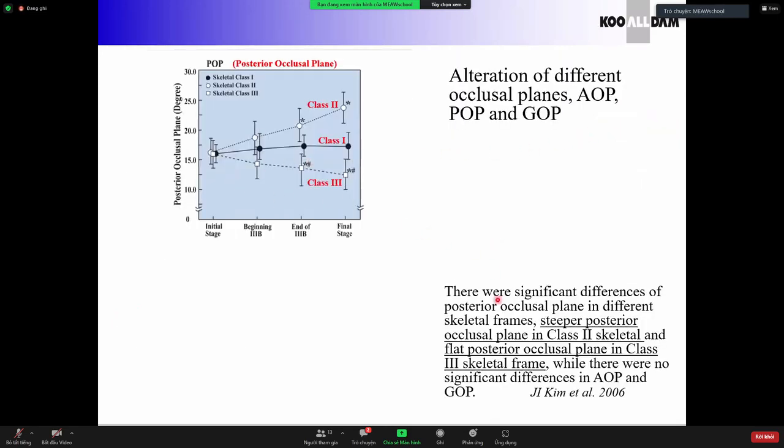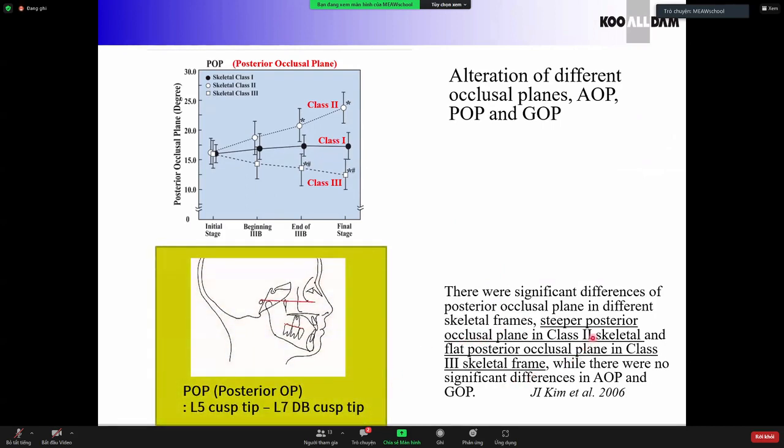And also, in the skeletal group, a steeper POP in class 2. On the other hand, in class 3, a flat POP. POP means from the cusp tip of the lower second premolar to the buccal cusp tip of the lower second molar.